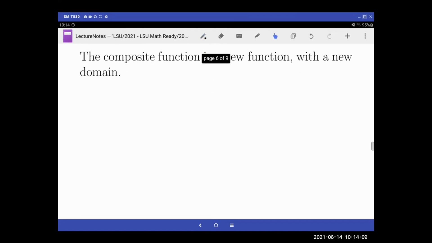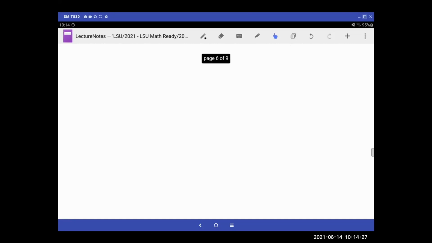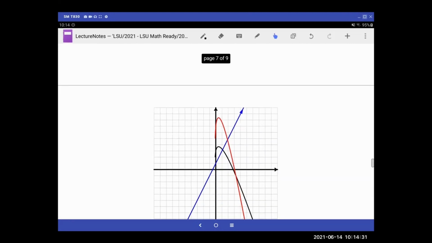Okay, so the composite function, that's kind of the point I was just trying to make. The composite function is a new function, and that new function has its own domain and range and all those properties, right? And so that's what we're going to focus on from here on, okay? So if there's a new function, you have to think about its domain and its range. We'll just kind of consider the function that we already had here. And here's the graph.